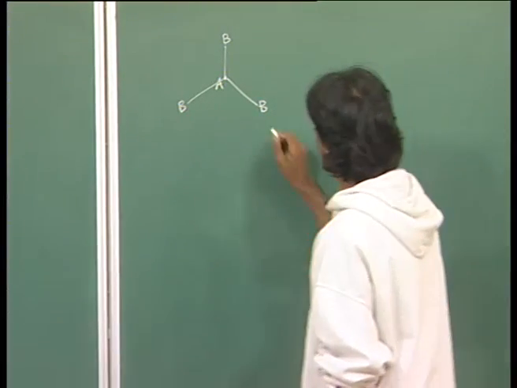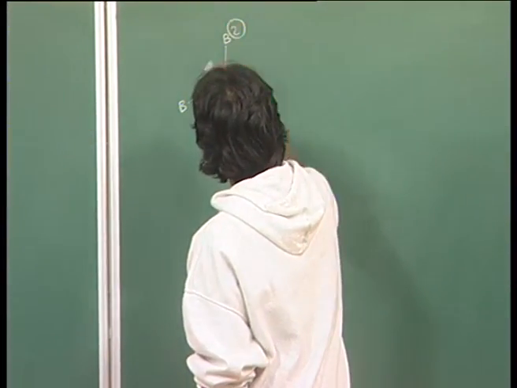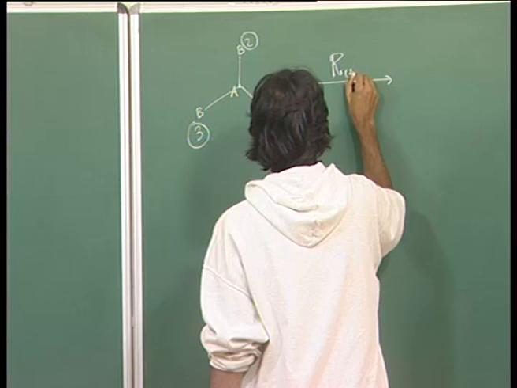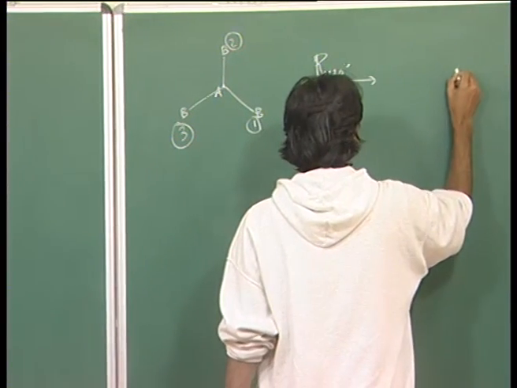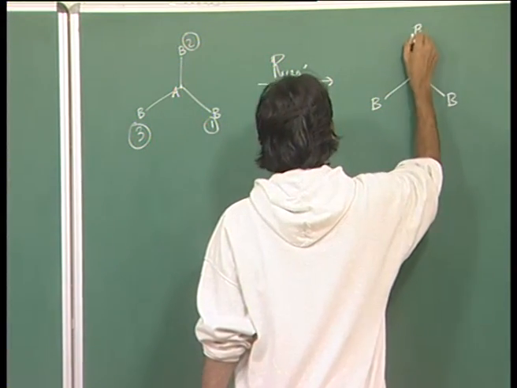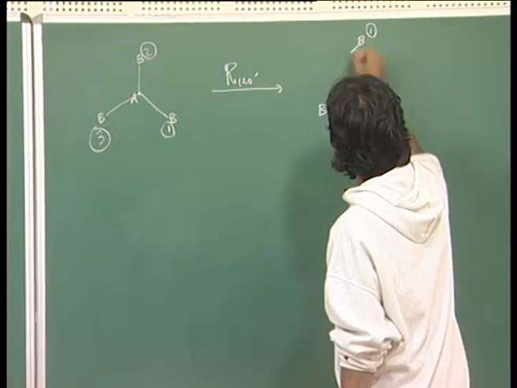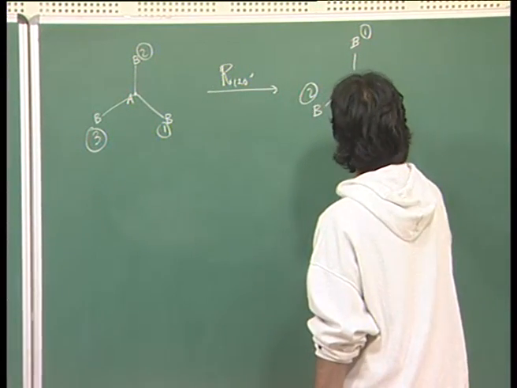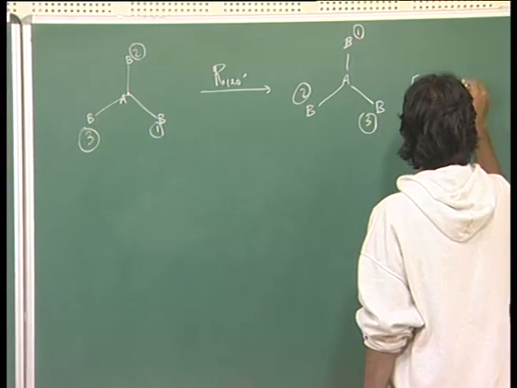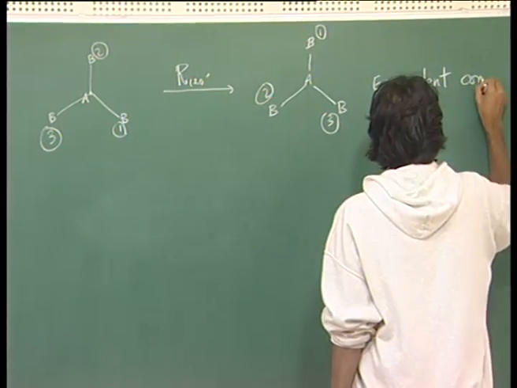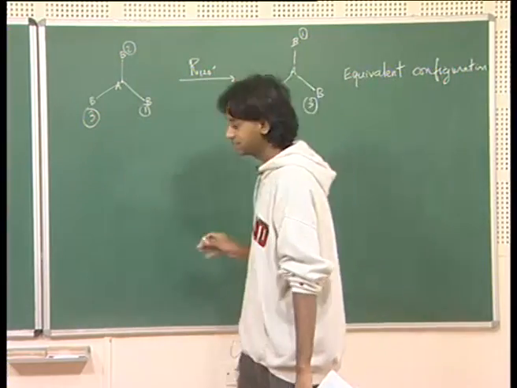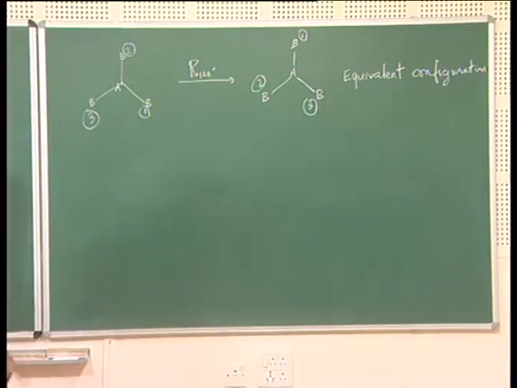So if I call this 1, 2, 3, and you rotate by 120 degrees, you get something that looks like this, and this becomes 1, 2, 3. This is an equivalent configuration. Hence we say that this is a symmetry operation.